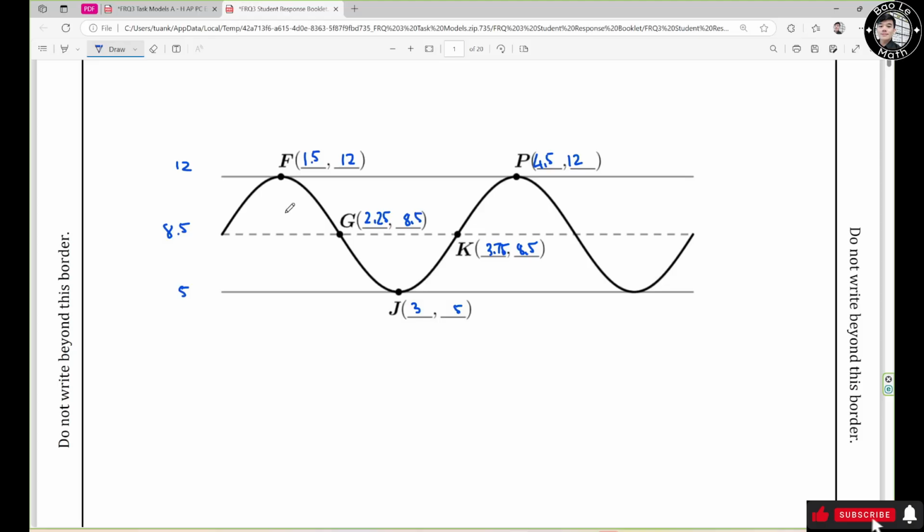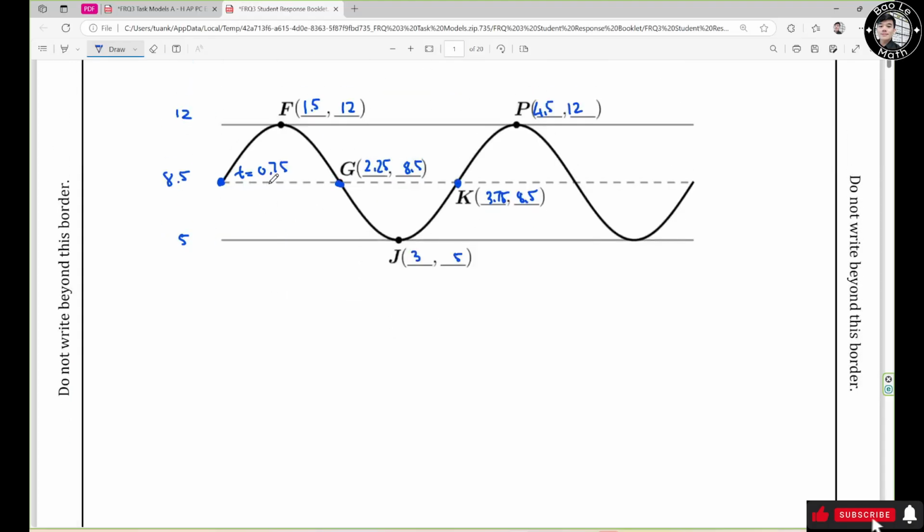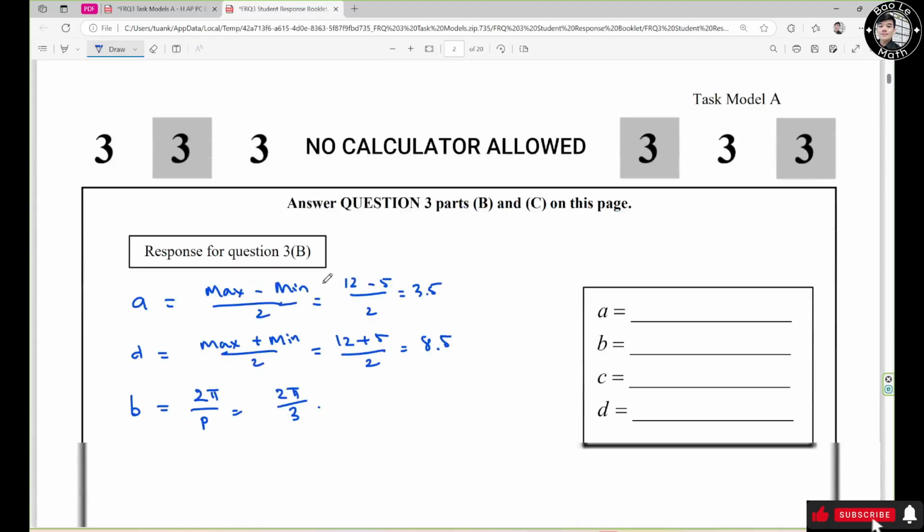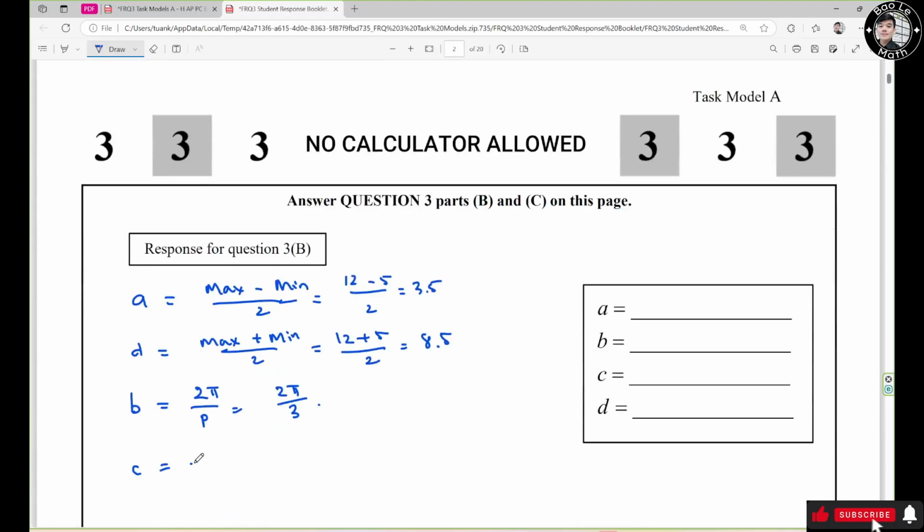Now, we look at this one. We can start from here, or here, right? Now, if we start from here, which means t equals 0.75, so we shift to the right 0.75, right? So, c equals negative 0.75. Keep in mind, when you shift to the right, c is negative. Shift to the left, c positive.